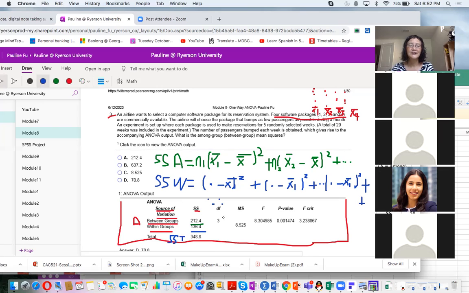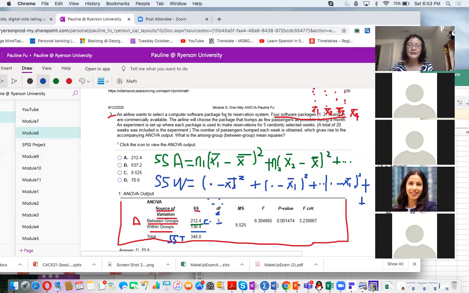All right. So next, let's move on. Degree of freedom. Okay. This number is 3, means the degree of freedom for among groups is 3. And how do you get 3? You use number of group minus 1. We usually use C. Okay, C represent number of group minus 1.